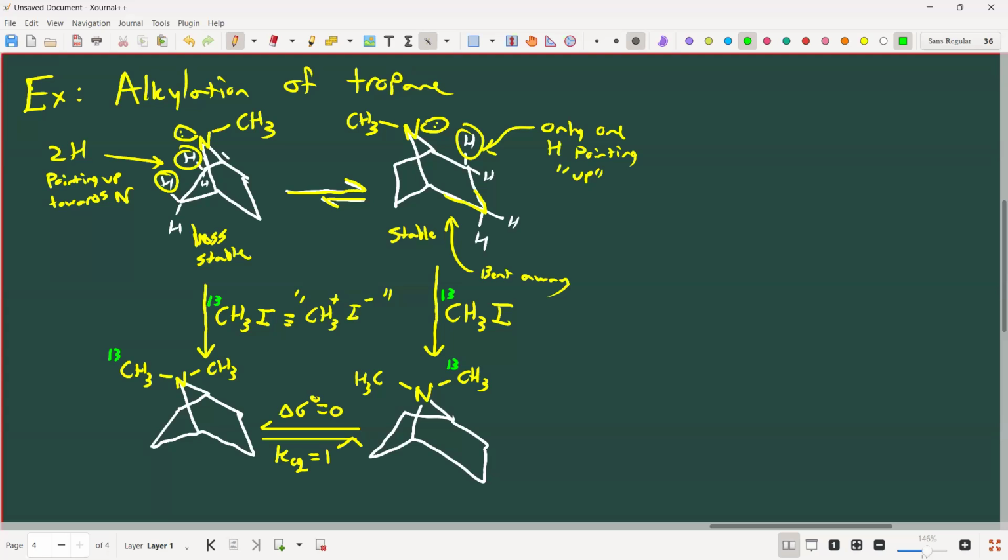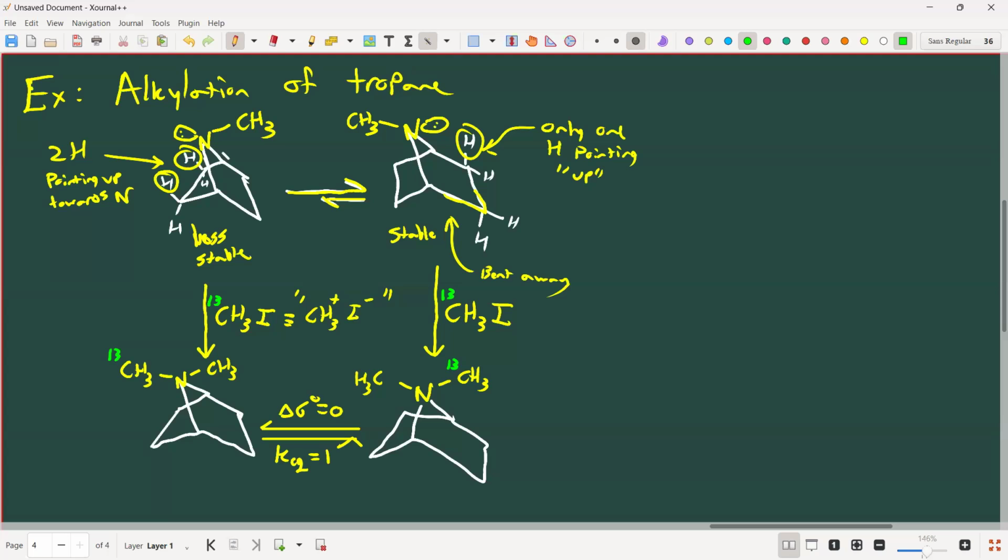And that will lead to the carbon-13 being placed at different places. And so if we have a way chemically to discriminate between these two situations, basically we have some chemical tracer that allows us to say the carbon-13 is on this side, or the carbon-13 is on this side. You can do that with NMR. We can figure out which one forms faster.